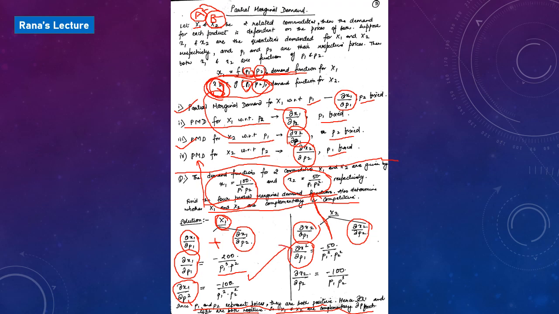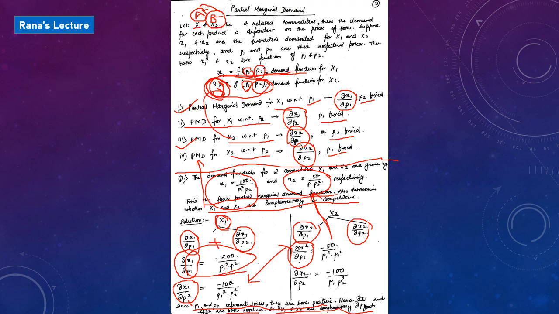See, these both are negative, and the test for complementary goods is that delta X1 by delta P2 and delta X2 by delta P1, they both should be negative, and we find here they both are negative. Right? We do not have to see with respect to its own price, you have to remember this, but with respect to the prices of the opposite commodities. Right? Okay.